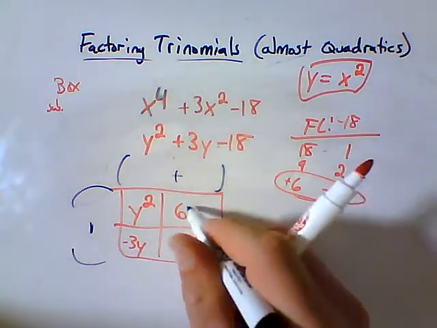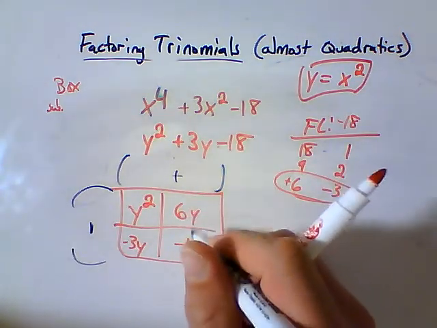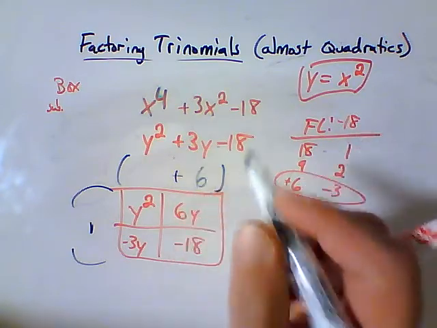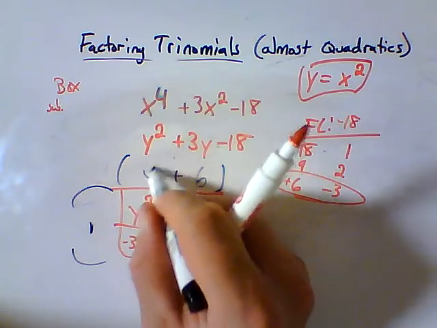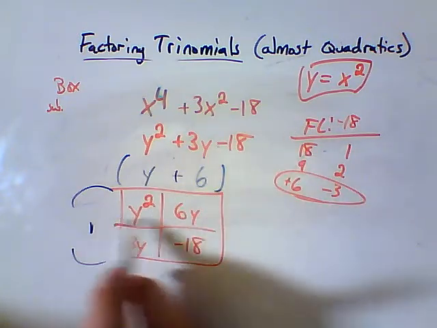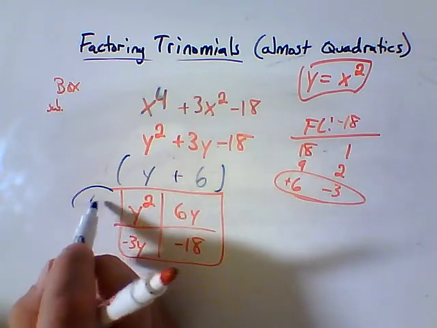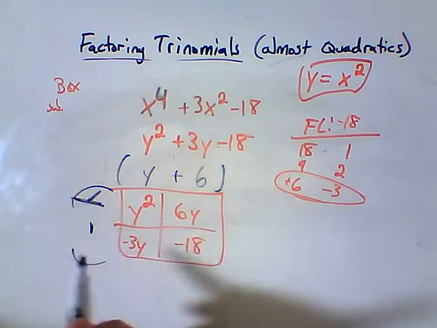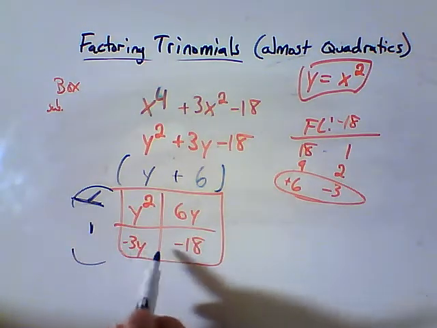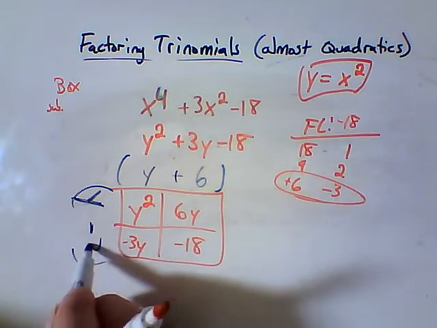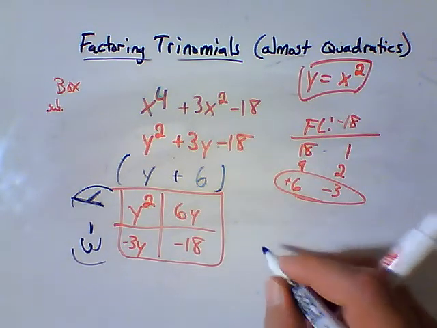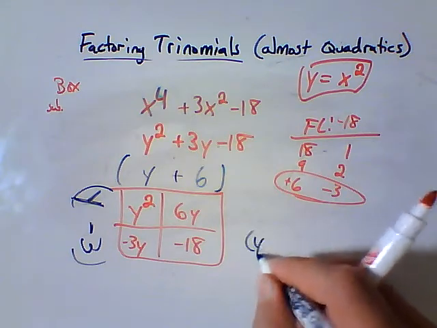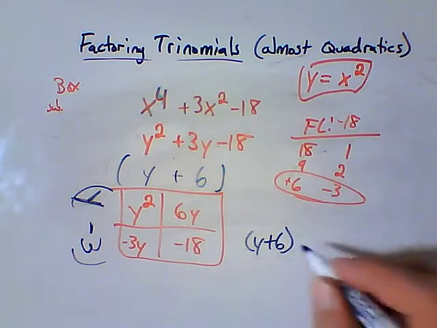Factor up. 6y and negative 18, all they have in common is a 6. Y squared and negative 3y, all they have in common is a y. Here, all they have in common is a y. Writing sideways, don't let that mess you up. And here, they have the negative 3. So that leaves me with y plus 6 and y minus 3.